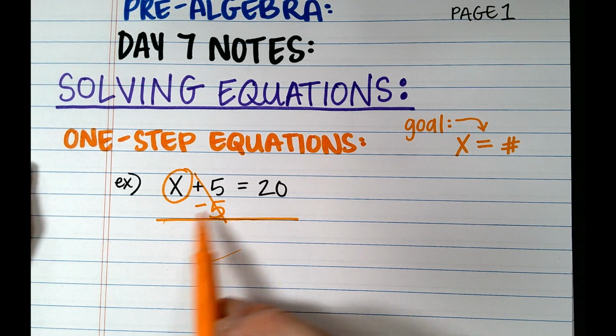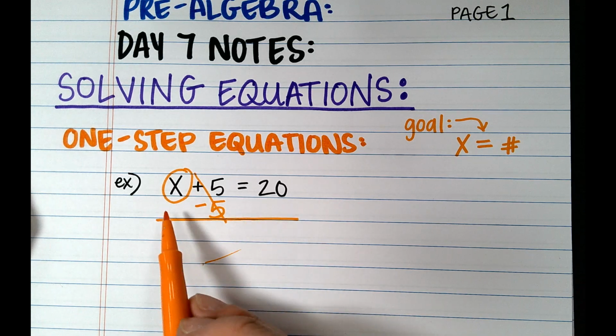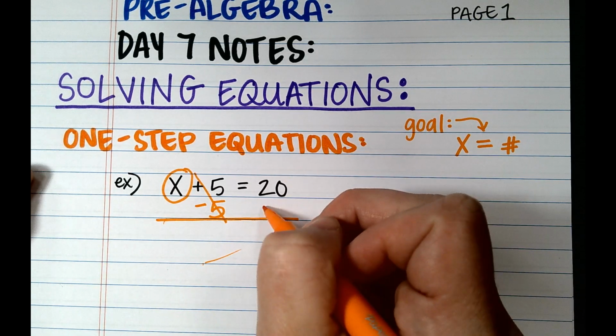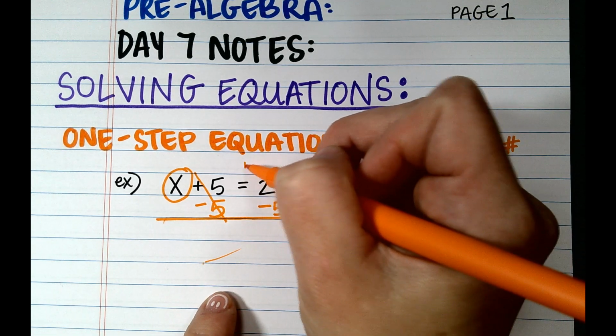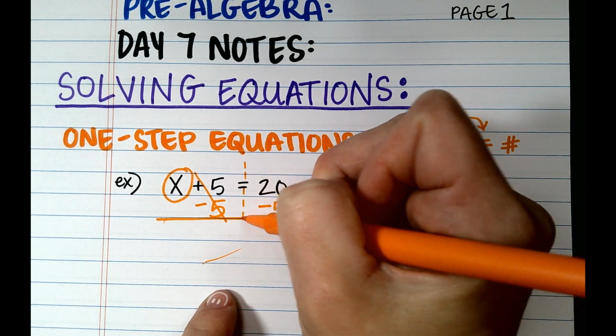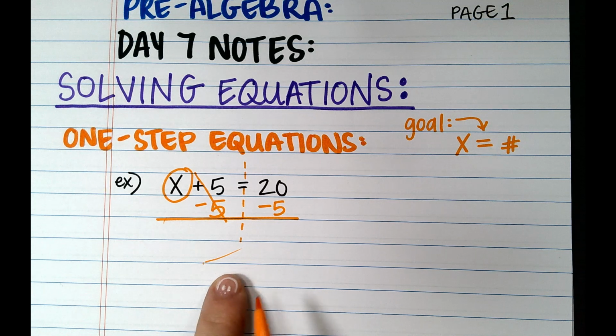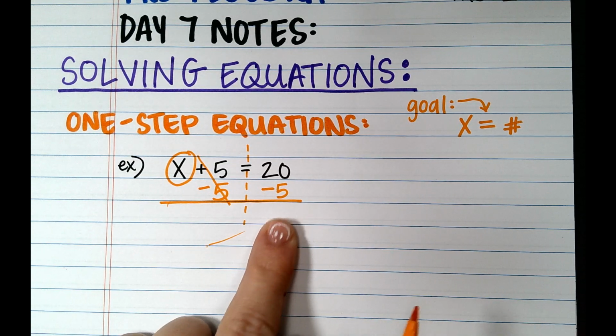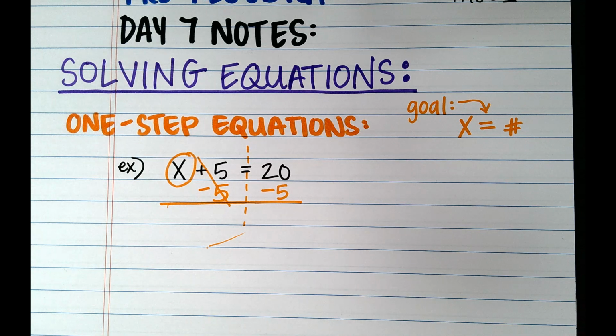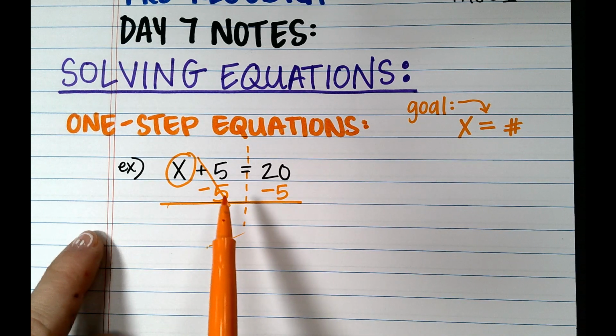I subtracted 5 over here. I gotta do it to both sides under the 20. And remember, when I say both sides, I'm talking about sides of the equal sign. So if I do it on the left side, I have to do it on the right side too, so that they're balanced. So my 5's canceled.